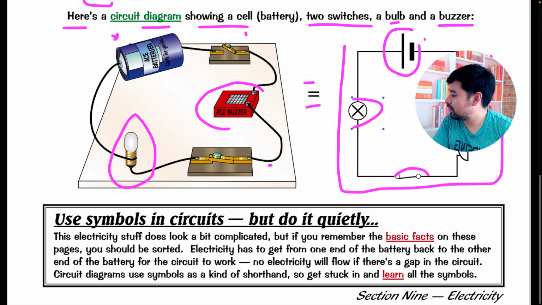So this electricity stuff does look a bit complicated, but if you remember the basic facts on these pages, you should be sorted. Electricity has to get from one end of the battery back to the other end of the battery for the circuit to work.